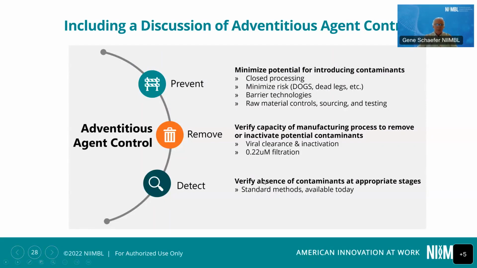And the detection piece is really verifying that your control strategy has been successful. This could also be considered a way of verifying that you are operating in a closed operation.